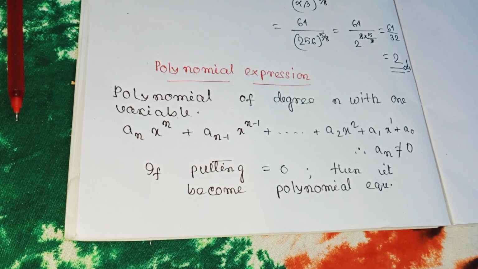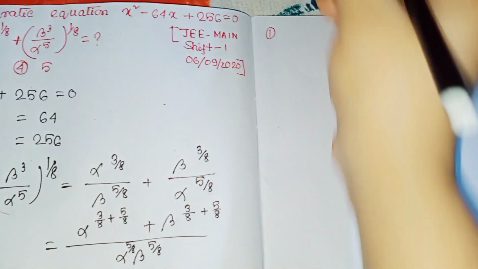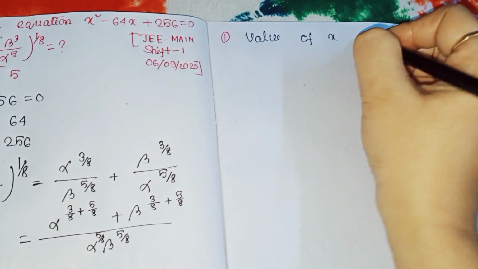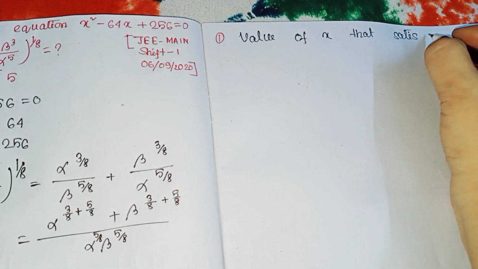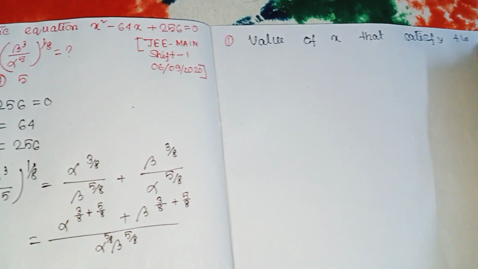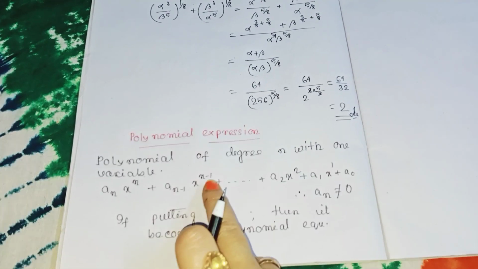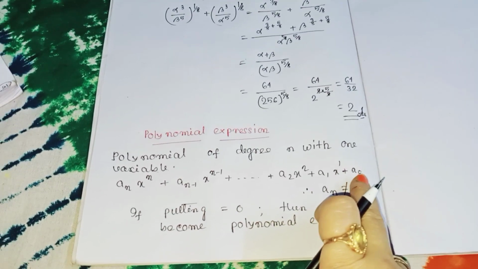Now two things arise. Number one, the value of x that satisfies the equation a_n x to the power n plus a_(n minus 1) x to the power n minus 1 plus dot dot dot plus a2 x square plus a1 x plus a0 is equal to 0.